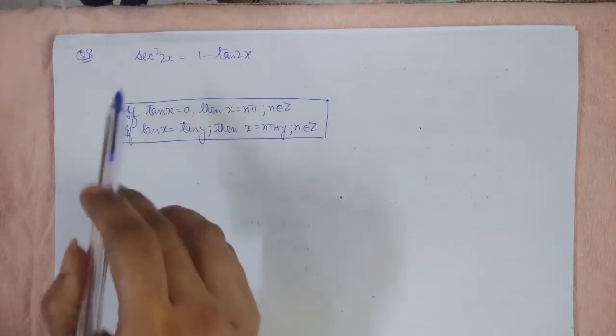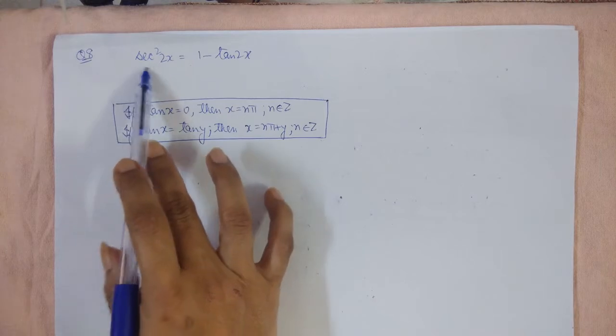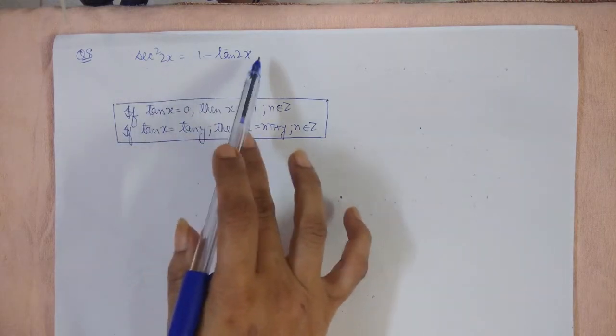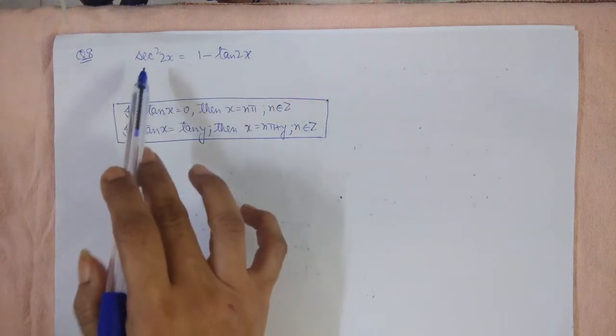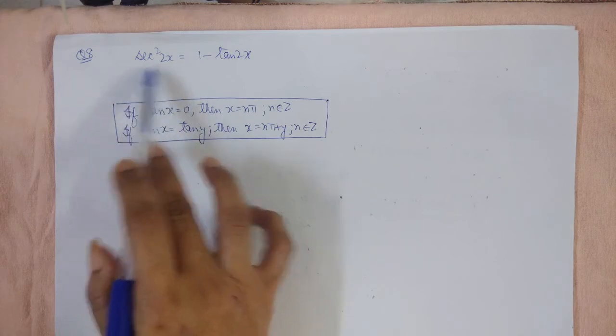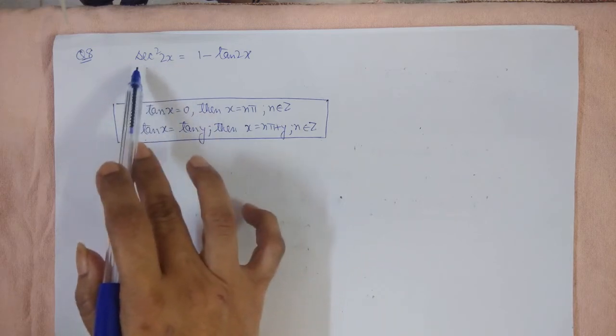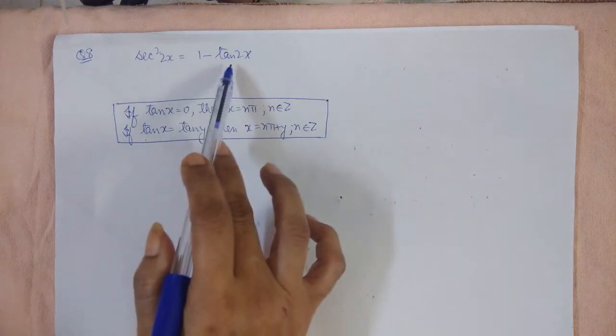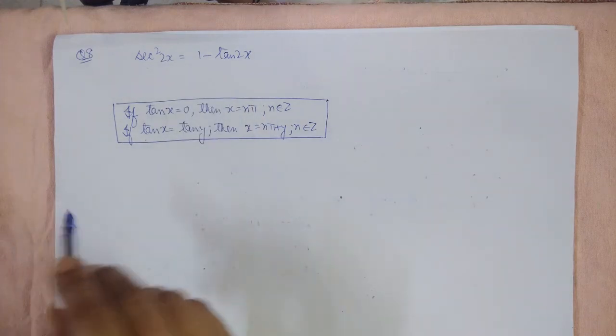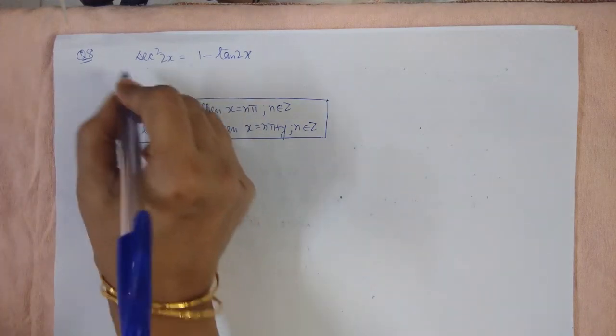Question 8. In question 8, it is given sin square 2x equal 1 minus tan 2x. So, what we will try to do, we will convert sec square 2x into the form of tan 2x. So, 1 plus tan square theta is sec square theta.